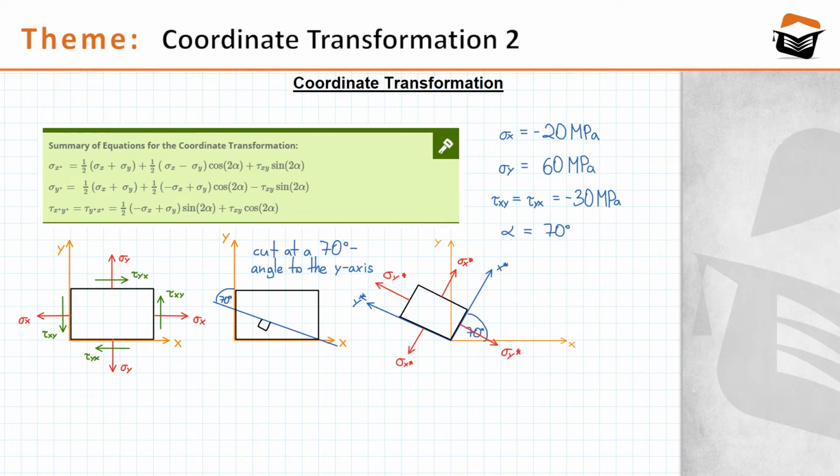And you do the same thing with shear stresses. So let's pick this one, tau xy. You rotate it counterclockwise by 70 degrees, and then you have to draw the shear stress to the northwest.